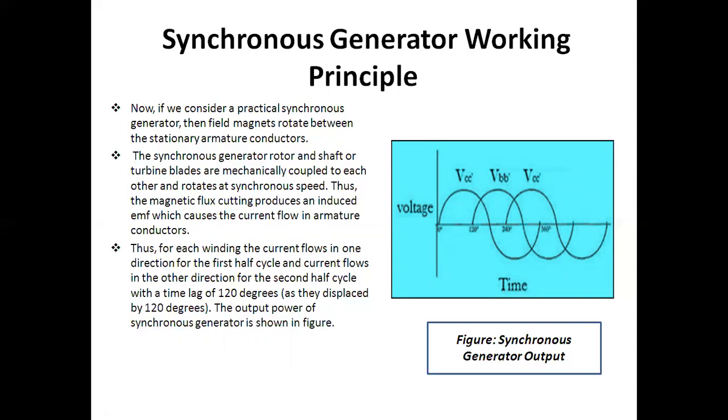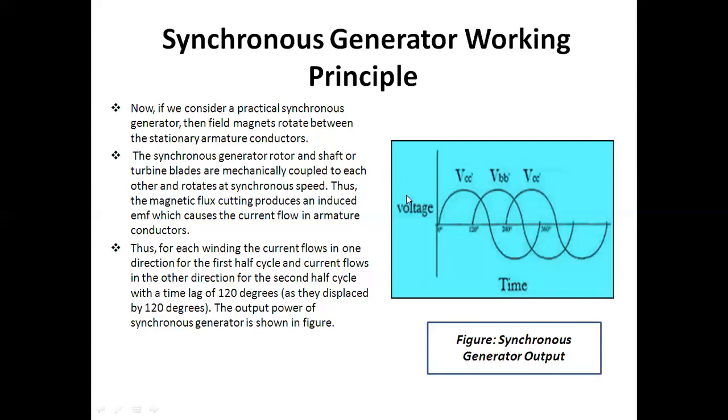Thus, the magnetic flux cutting produces an induced EMF which causes current to flow in the armature conductors. For each winding, the current flows in one direction for the first half cycle and in the other direction for the second half cycle, with a time lag of 120 degrees as they are displaced by 120 degrees.